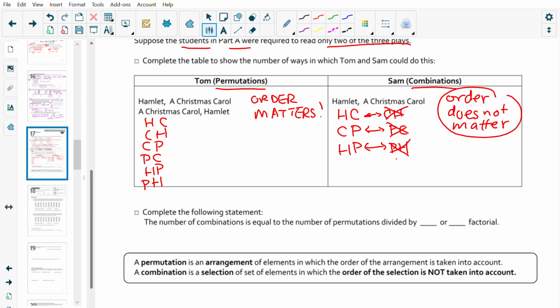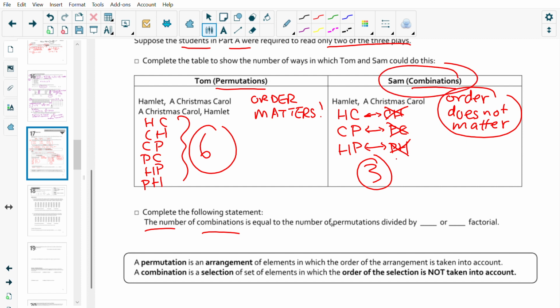Complete the following statement. So 6 different ways, 3 different ways. Let's see how they're related. The number of combinations is equal to the number of permutations divided by 2 factorial.